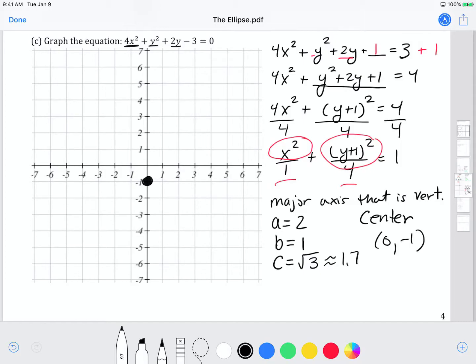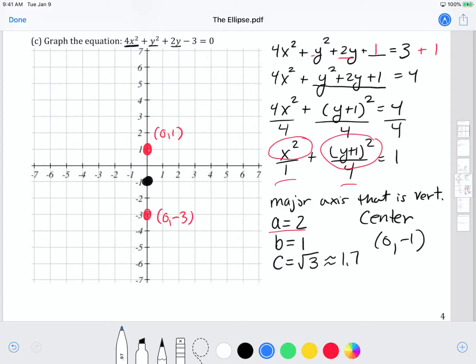Now, since my major axis is vertical, and because my a is 2, I'm going to come out 2 units in either direction, up and down from my center. So here is one major vertex at 0, 1, and here's the other major vertex at 0, -3.